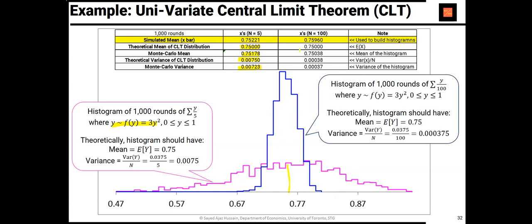But when I increase n to 100, the blue line, now what I'm asking the machine to do is take 100 observations, get the sample mean, and collect the sample means 1,000 times. In theory, they should have a mean of 0.75. In practice, it's 0.75038. Pretty close, you would agree.